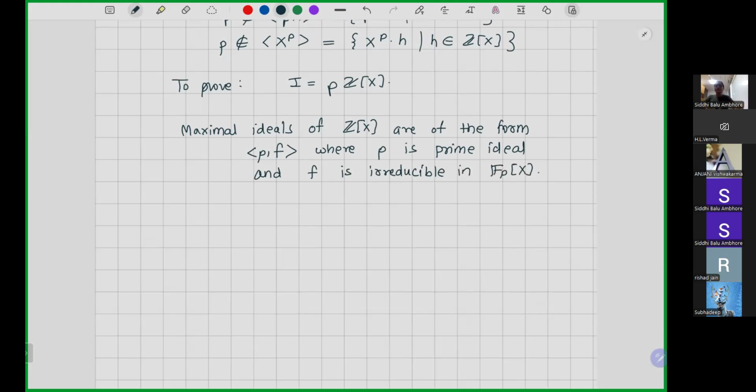So this FPX is the polynomial ring where the coefficients are coming from FP. FP is nothing but ZP.